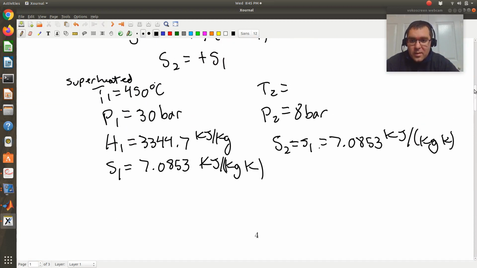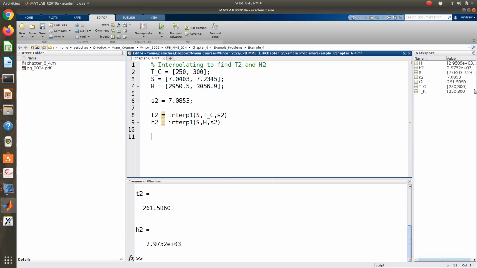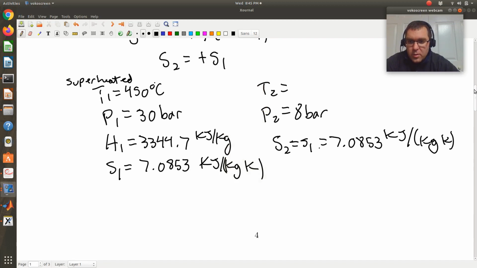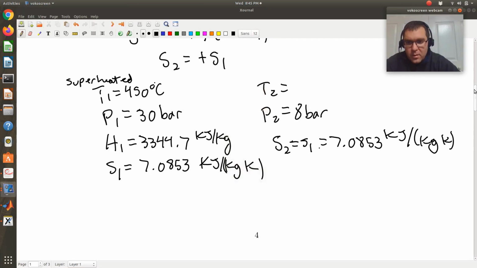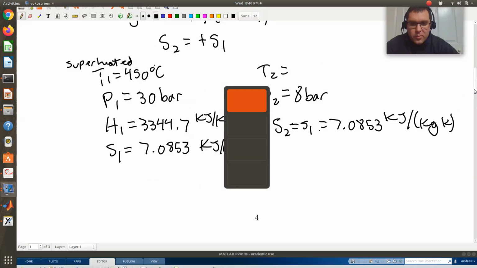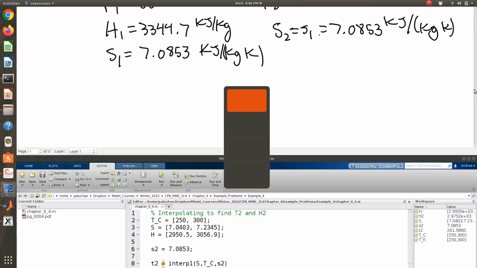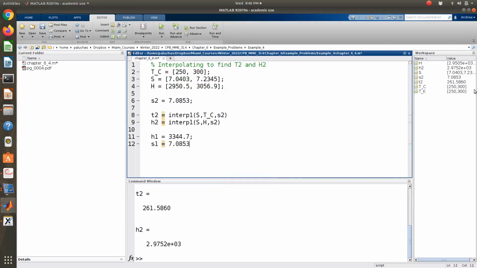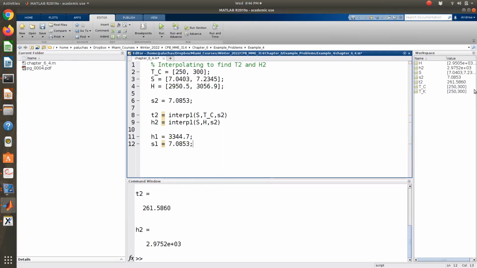Let me get that. H1 was equal to 3344.7. And I'll get S1 on there, just in case I need entropy generation for the irreversible case.